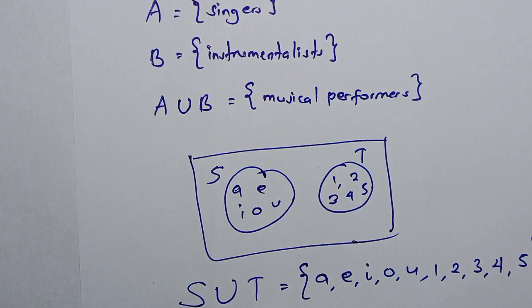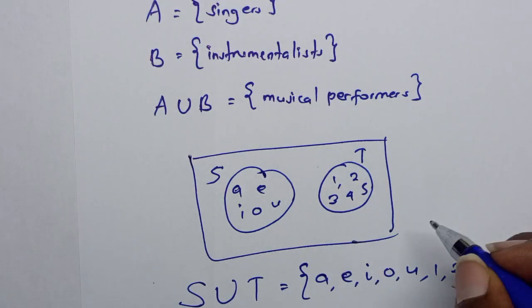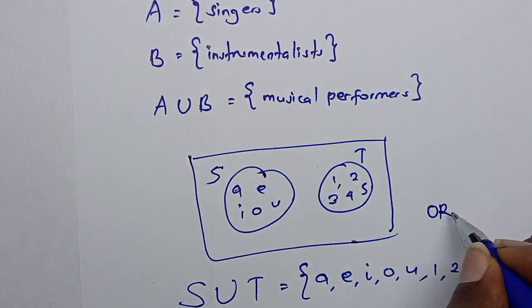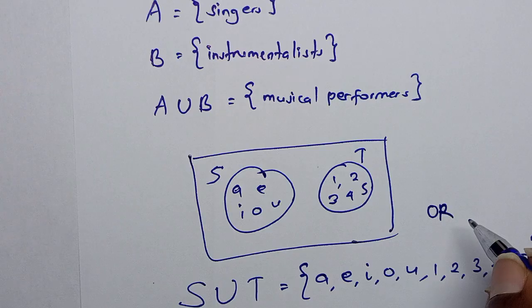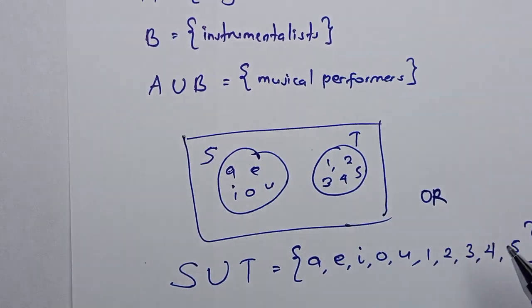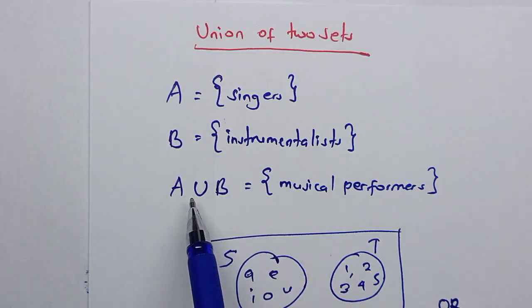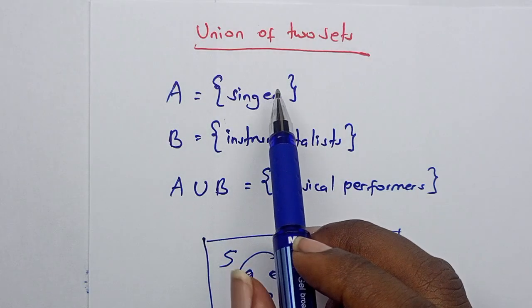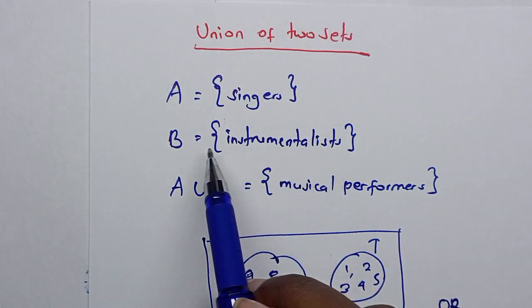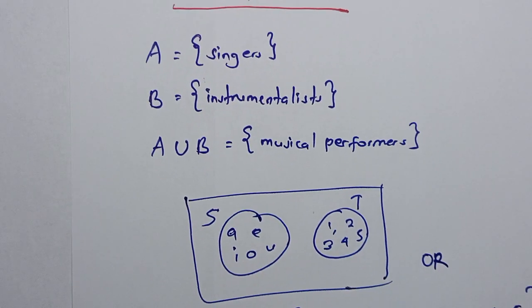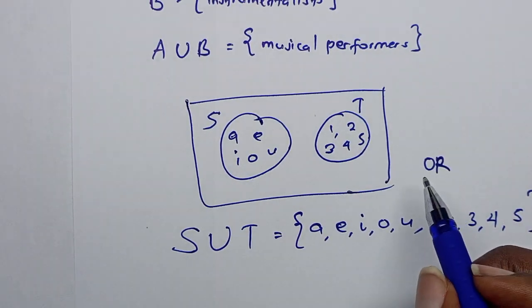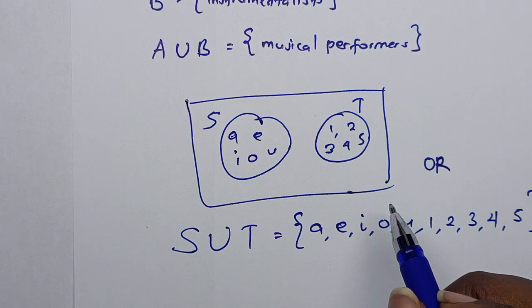So a union means members that belong to set S or to set T, and you must take note of the word or. Here, it could mean people who are singers or they are instrumentalists. So whenever you see or, that means union.